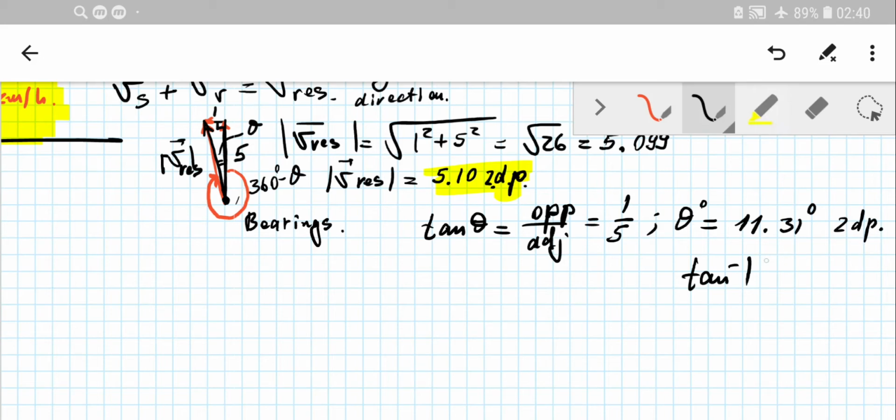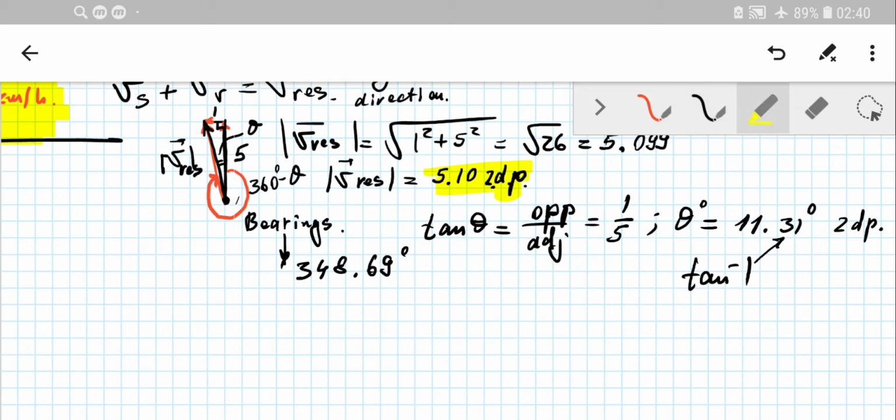Alright, so in order to find the bearing from the north direction, you simply need to subtract that from 360. So you take 360 and subtract those 11 degrees, and the bearing is going to be 348.69 degrees.